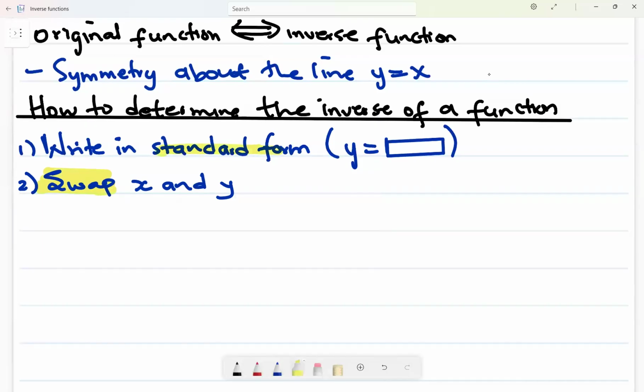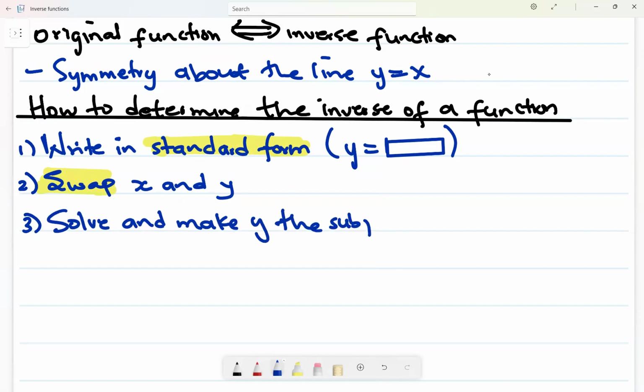Here you write in standard form. The last step: solve and make y the subject of the formula.